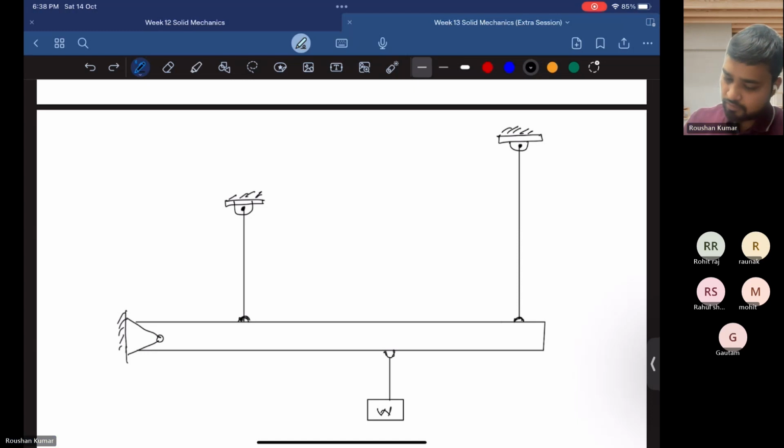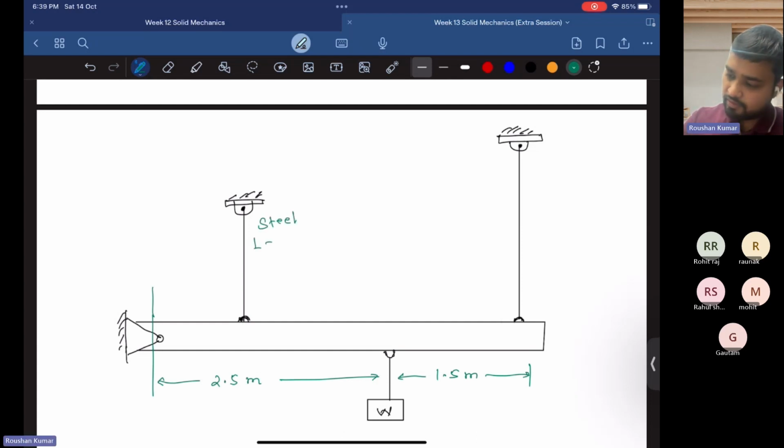So this distance is given as 2.5 meter. This distance is given as 1.5 meter. This is a bar of steel with length 1.5 meter. Area is 320 mm square, and Young's modulus of the steel bar is 200 gigapascal.